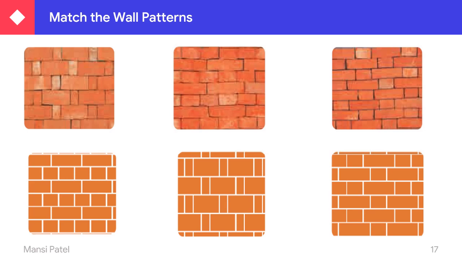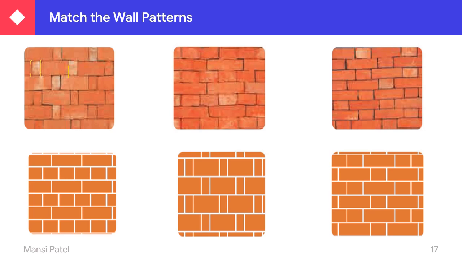Now you have to match the answers of the bricks to their respective patterns. Whenever you have to find the answer from the brick patterns, you have to just take any row to find the answer. So let us see. Here I am taking the second row and just filling all the gaps.